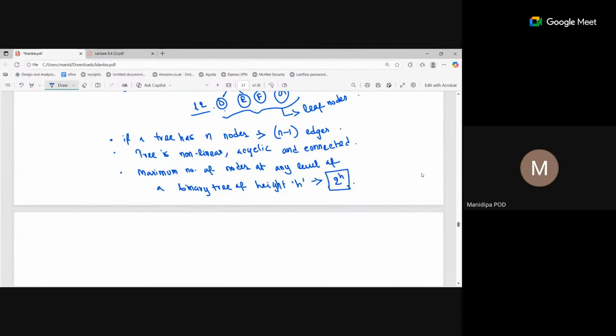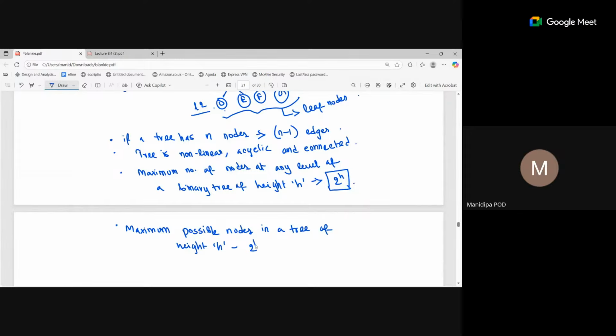Okay. What more? We can also ask the maximum possible nodes in a tree of height h. How many maximum nodes can we have in a tree of height h?